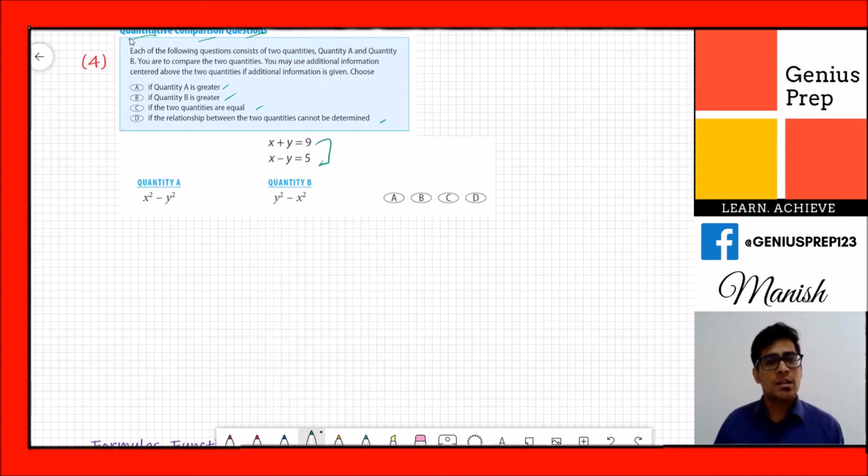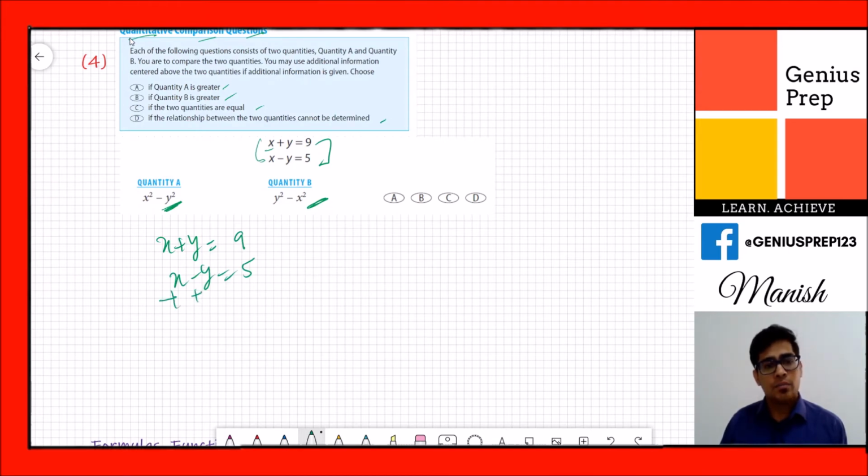It says x plus y is equal to 9, x minus y is equal to 5. Quantity A is this and quantity B is this. We need to see whether quantity A is bigger, B is bigger, both are equal, or we cannot find out. For that, we need to find the values of x and y.